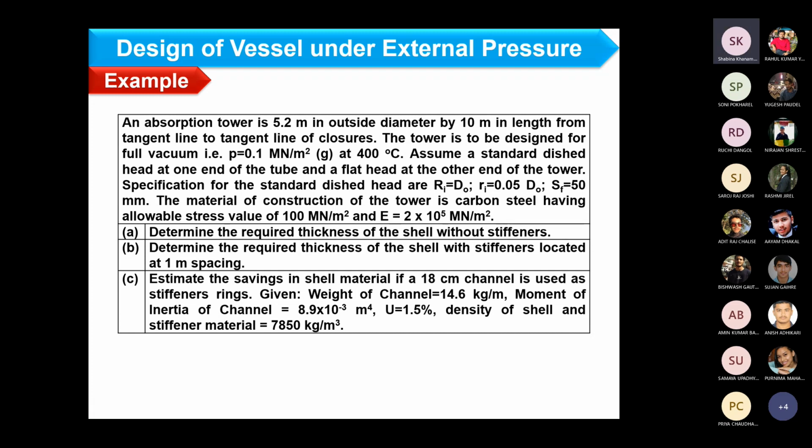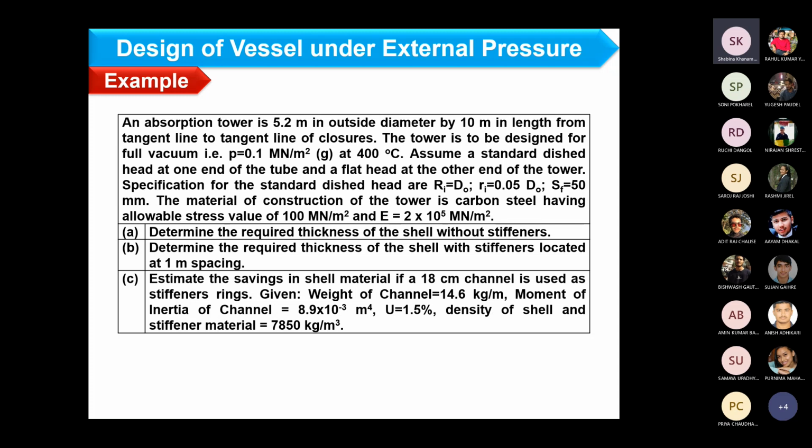And second, the thickness of the shell with stiffeners, which are located at 1 meter spacing interval, so effective length will be 1 meter in this case. However, without stiffener the effective length would be 10 meter, right? And some part of the formed head, that we will discuss.